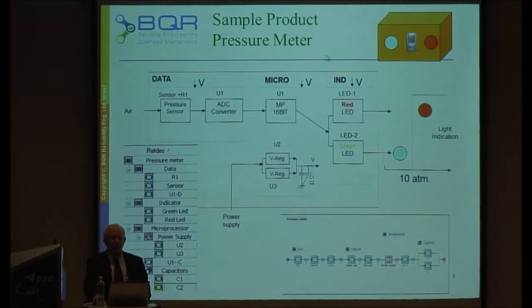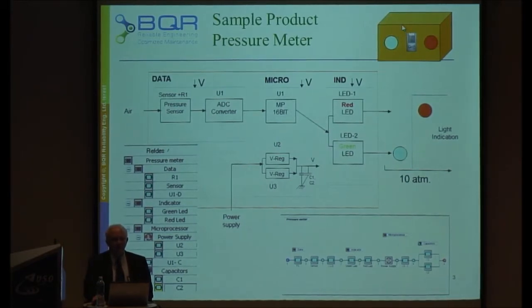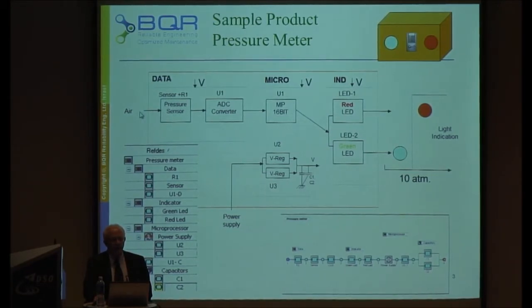So I have here a sample product, which is the same pressure meter that I explained in the morning. If we look internally at how it is built, we see a sensor which senses the pressure as the air goes in.